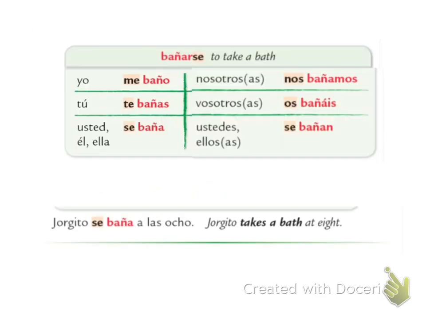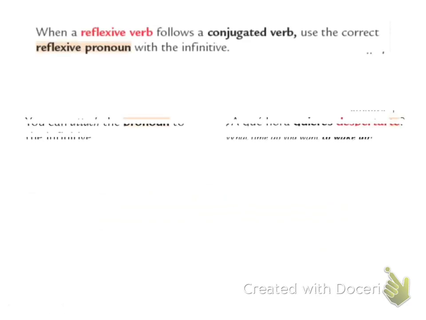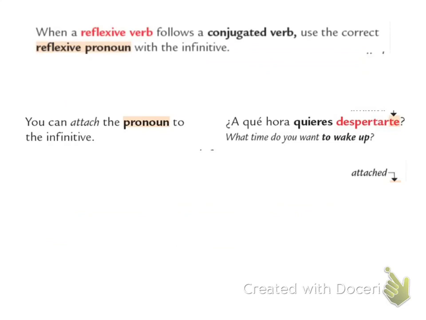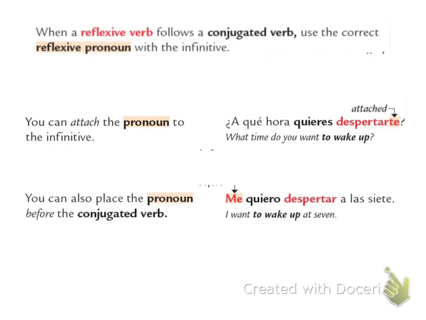Do you have an option in this sentence? Didn't mean to do that. Do you have an option right here? No, you have to put it in the front. So might it be a good idea to always put them in the front? Yes. I think so. All right, so that covers placement.